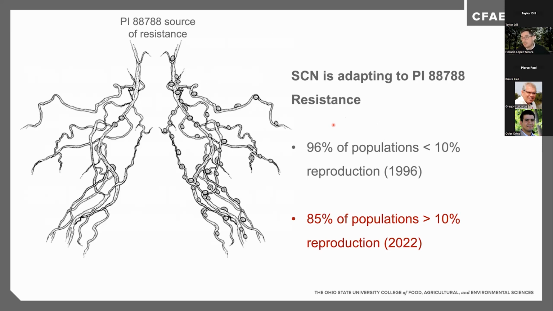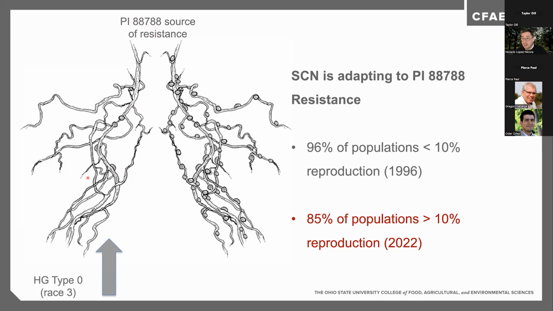We used 7 different sources of resistance in our greenhouse to screen for population virulence. Well, PI 88788 was extremely good at preventing that population of the nematode from reproducing, and it was extremely easy to integrate into high-yielding material. Soybeans that we like to grow, we knew how to grow, and yielded very well.